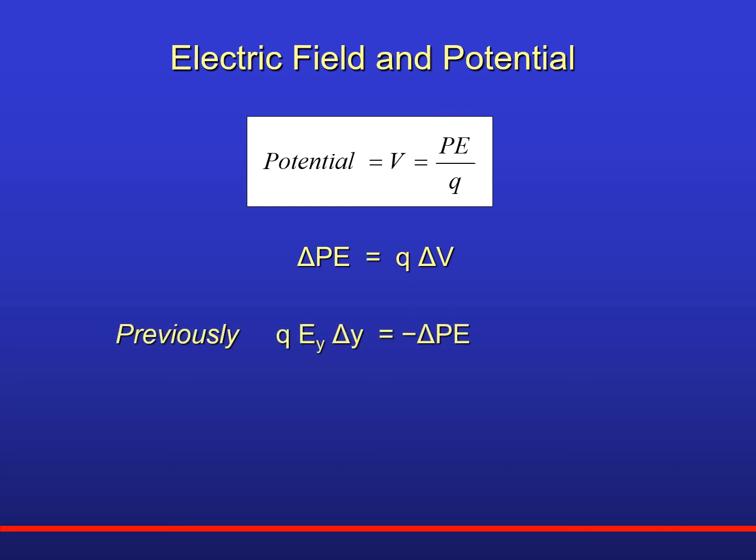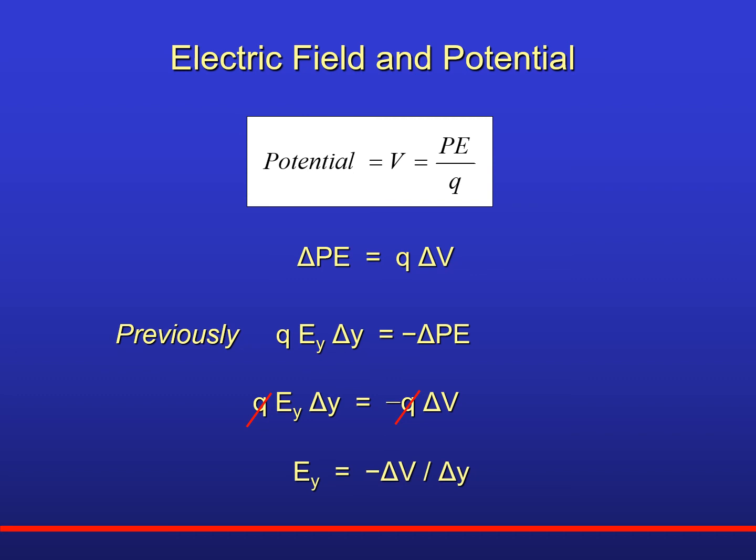Previously, we stated this equation. So now I can substitute in this equation for delta PE. Q E sub y delta y is equal to minus Q delta V. We can strike Q out of the left and right, and divide both sides by delta y.